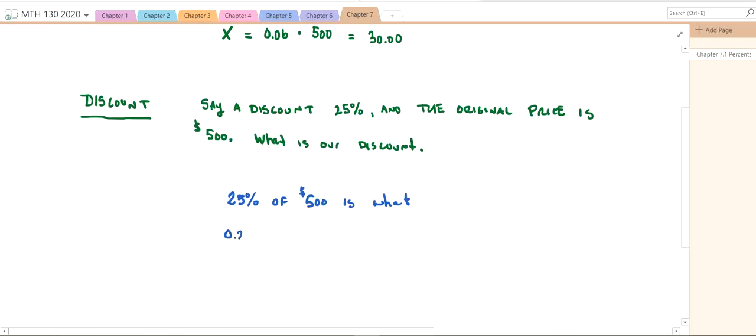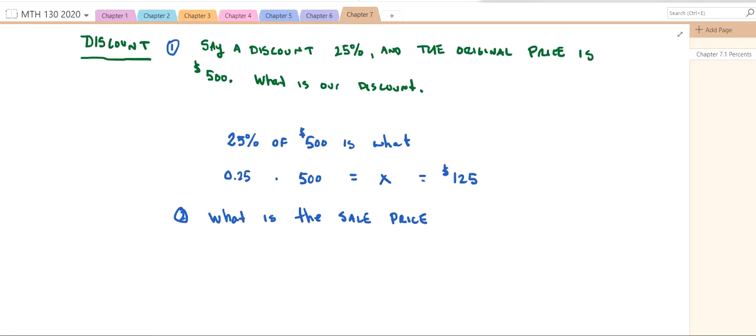Or 0.25 times 500 equals x. Well, here, if you do the math, your discount turns out to be $125.